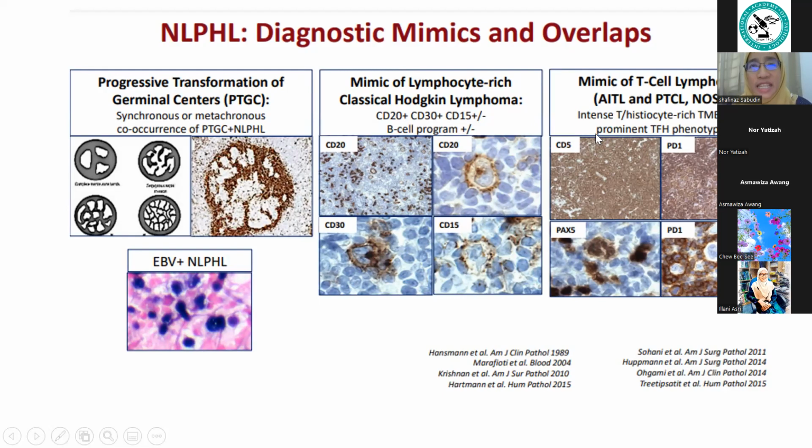There are very intense T cells in the background in some of the variant patterns, especially pattern D, E, and F. Not F, N. Okay, in pattern D and E, the possibility of us being misled by these rich and dense T cells in the background into diagnosing T-cell lymphoma is real, especially when we do stains and find that the T cells in the background have a T follicular helper phenotype, similar to the T-cell phenotype in the nodular lymphocyte predominant Hodgkin lymphoma microenvironment.